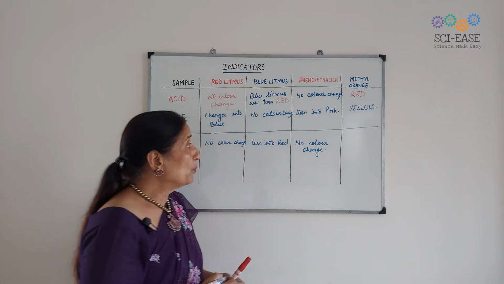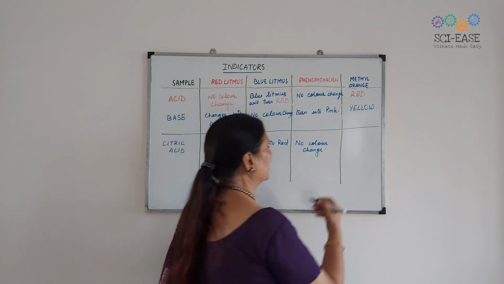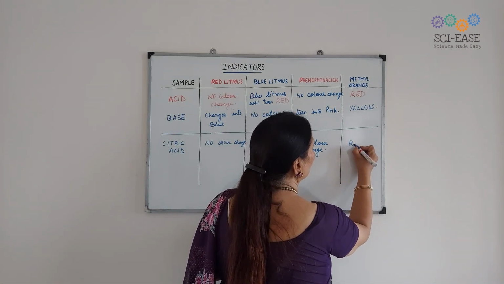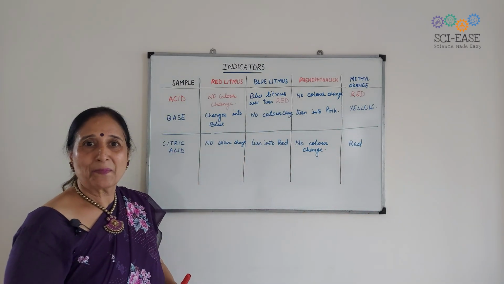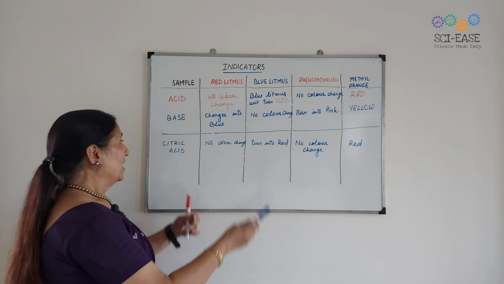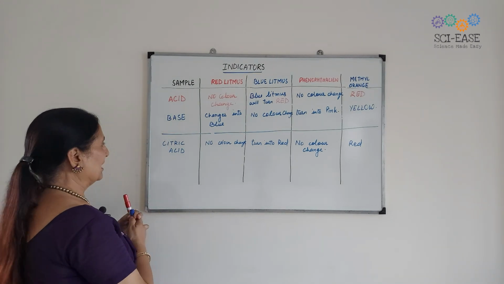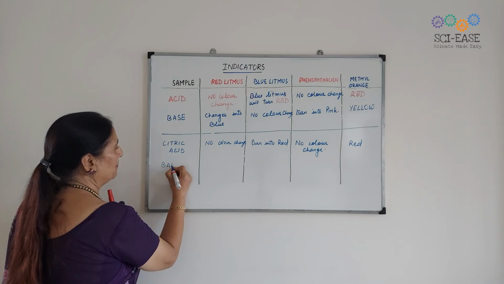Okay? And when methyl orange is added to citric acid, then what will be the result? It will turn to red. Okay? So, one another example that I'm going to take is baking soda solution.